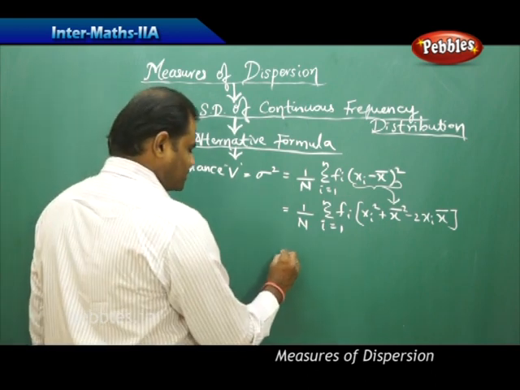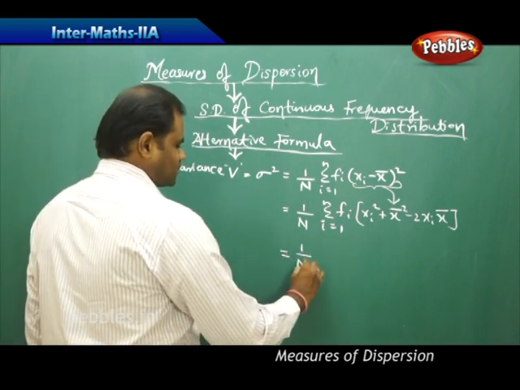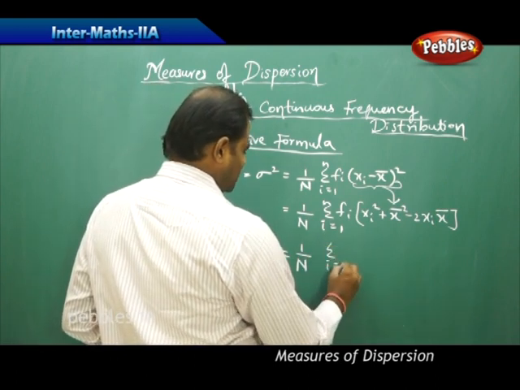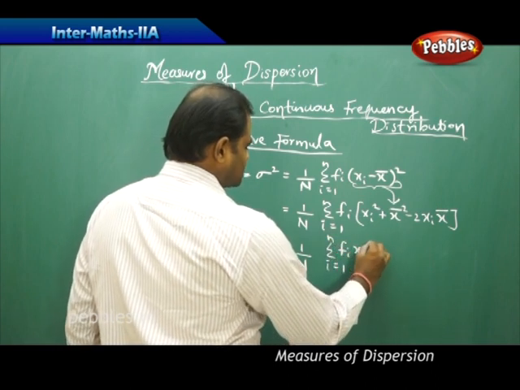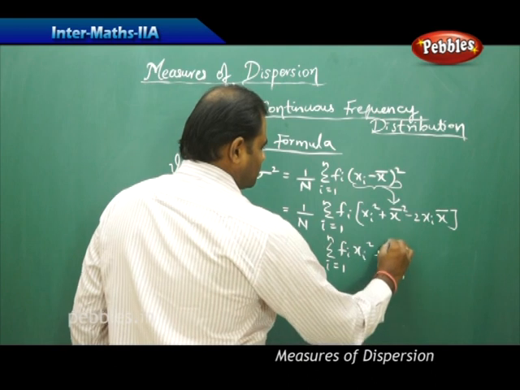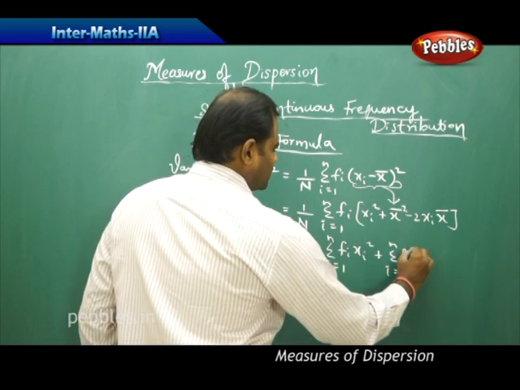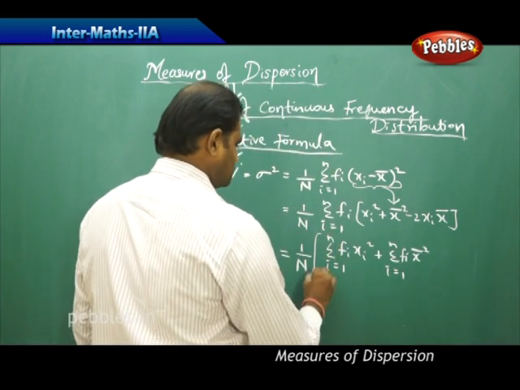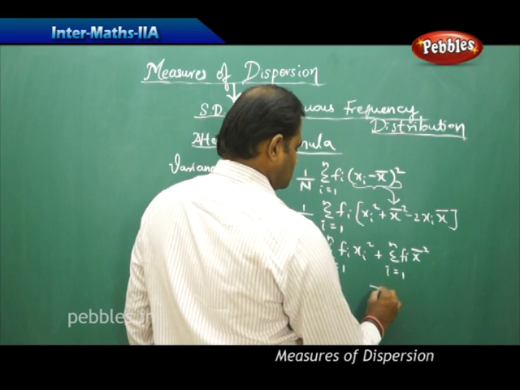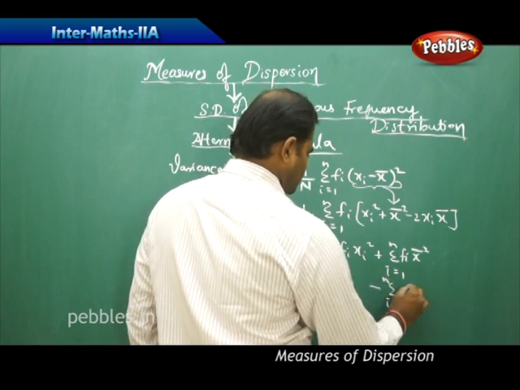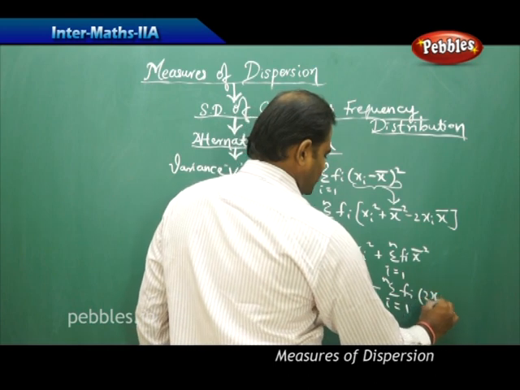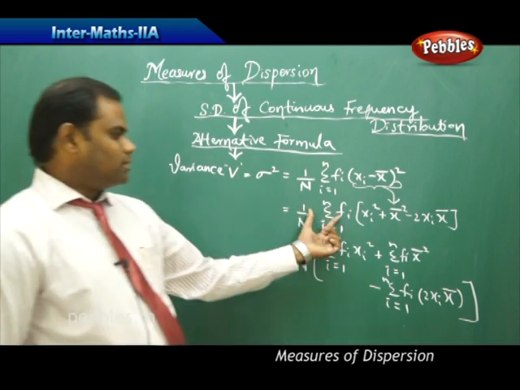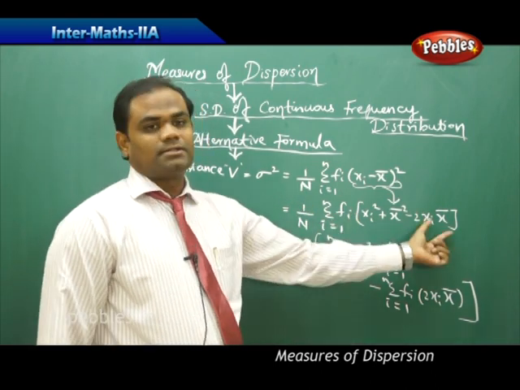This on further simplification gives 1 by n sigma i running from 1 to n fi xi square plus sigma i running from 1 to n fi x bar square minus sigma i running from 1 to n fi into 2 xi x bar, which is what we get when we expand through this multiplied with this, and this multiplied with this.